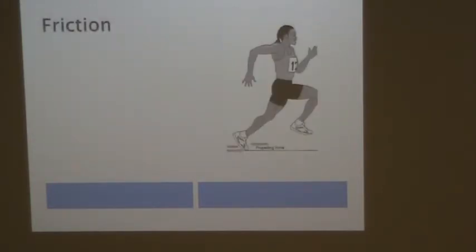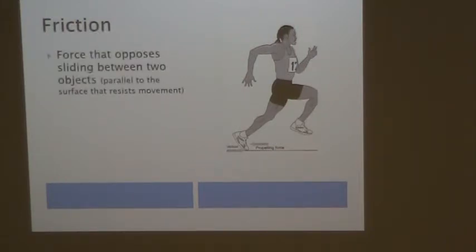All right. Well, that leads us to another kind of contact force, and that is friction. Friction is simply the force that opposes sliding between two objects. Other words for it are grip or traction. Friction force works in opposition to propelling force.